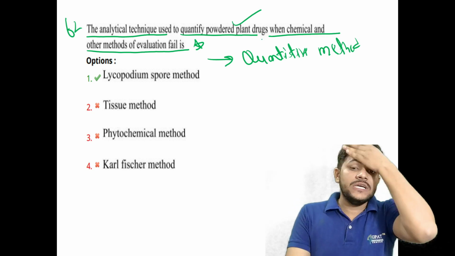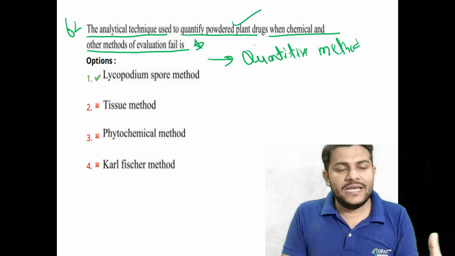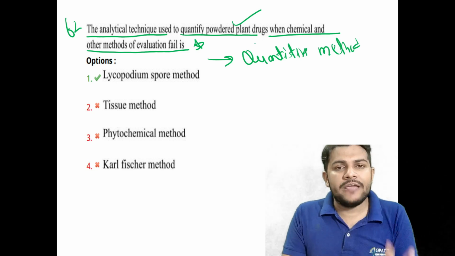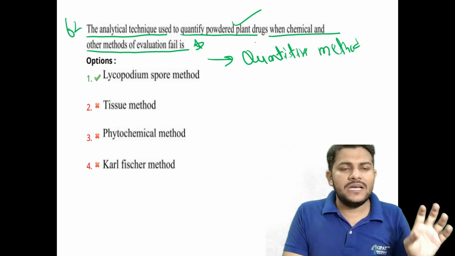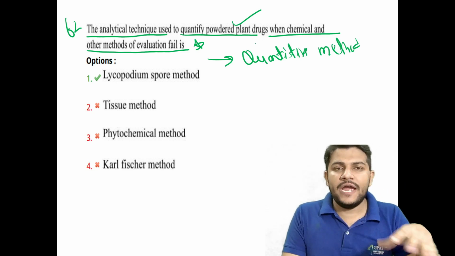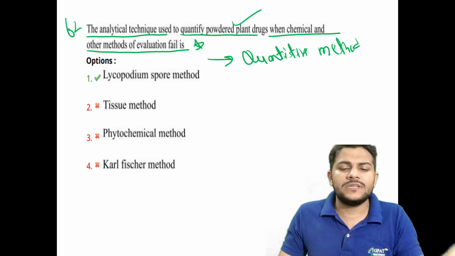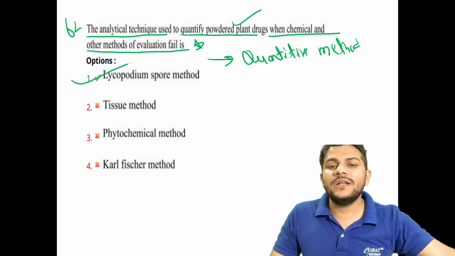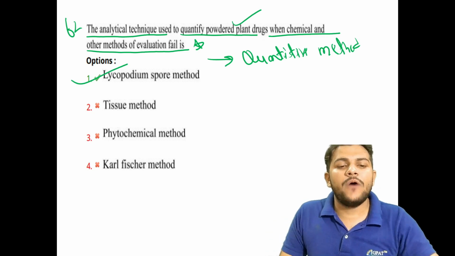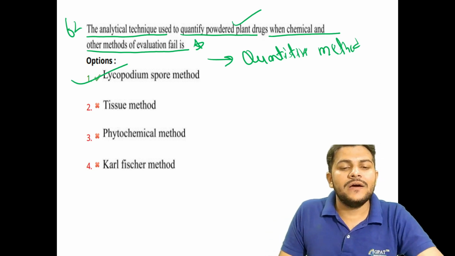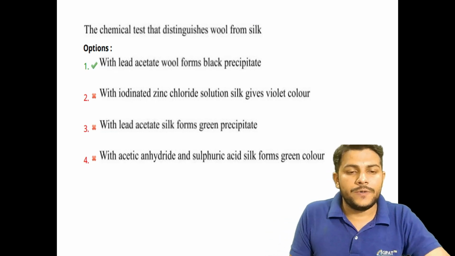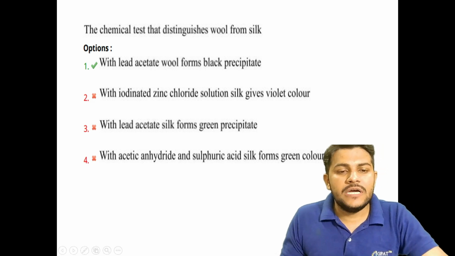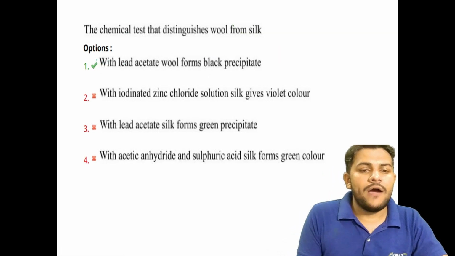Because the modified Borntrager test identifies anthraquinone glycosides, like those in rhubarb, cascara, aloe and senna. So that test is only for those. Next, you have this question. They are just asking about oliguria. Oliguria is related to urine only, so abnormal urine output means oliguria.